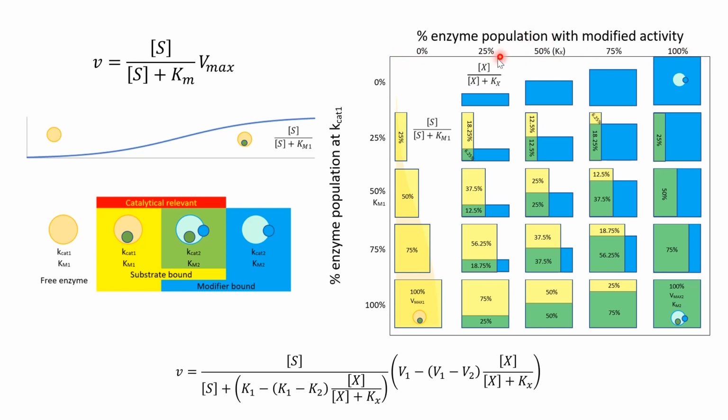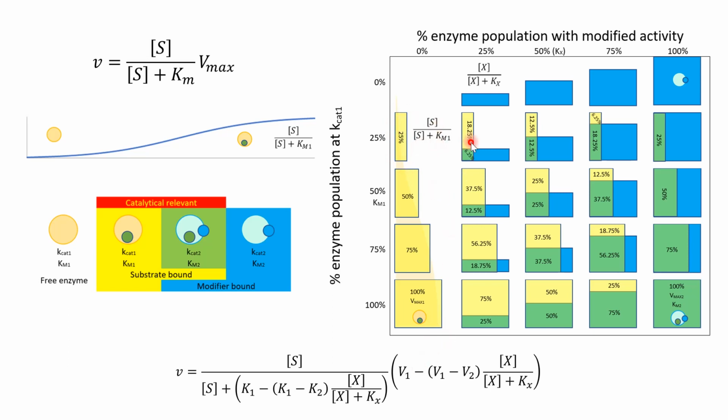And I'm using the percentages to describe the percent of the enzyme population which is associated with the substrate, and the percent that would be associated with the substrate and the modifier. So if you look at 25% association, say, of substrate and enzyme, with no modifier, you're going to get 25% of the velocity of your Vmax.